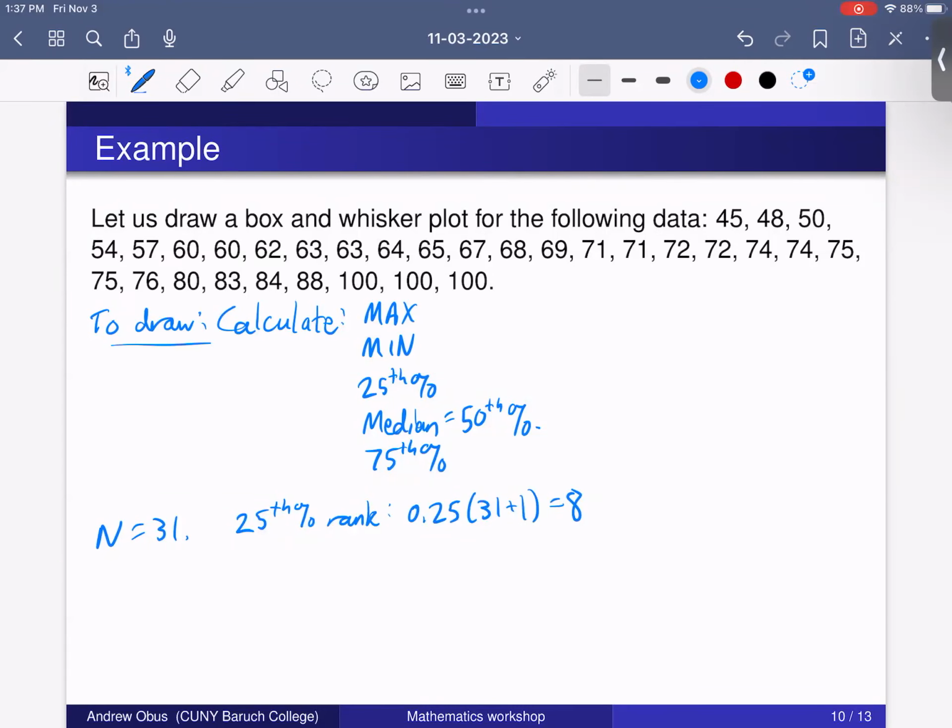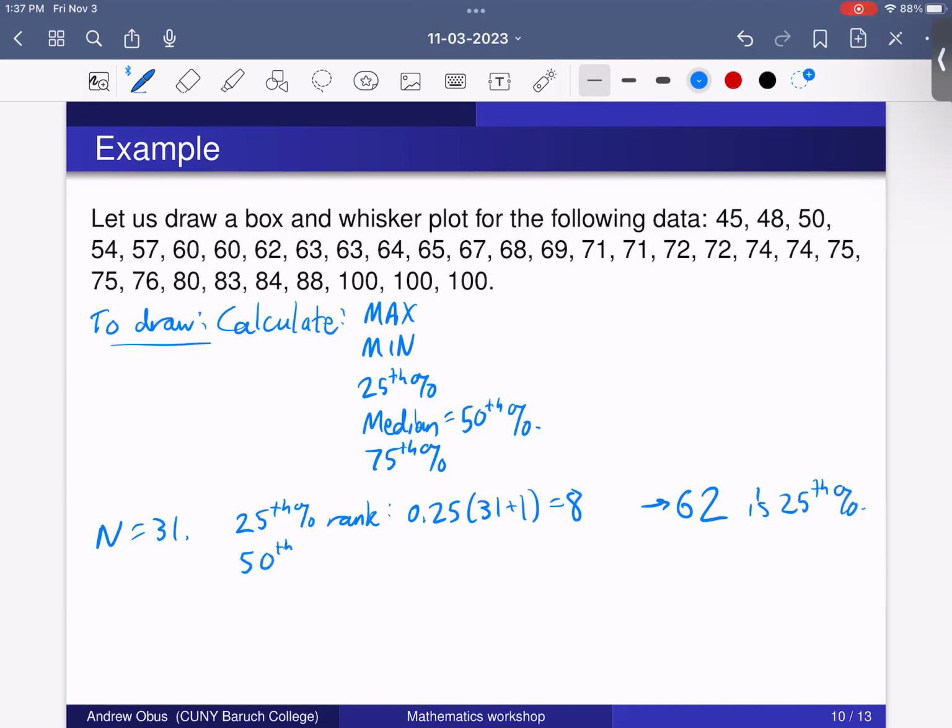So for the 25th percentile you just take the 8th entry. In this case, it's an integer, so we don't have to do any averaging. So we get 1, 2, 3, 4, 5, 6, 7, 8. Here we get 62. So 62 is the 25th percentile.